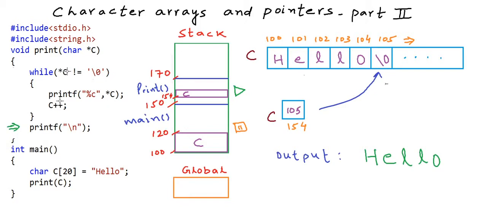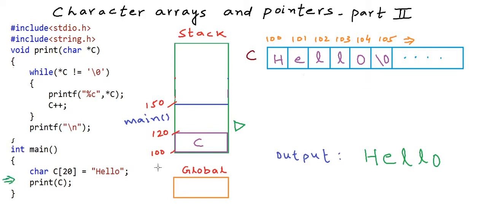We will come to this statement to print an end of line, and the execution of the print function will finish. So this particular stack frame for print will be cleared from the stack, will be deallocated, and now main will resume and finish. So with pointers we should always know what's going where in the memory.